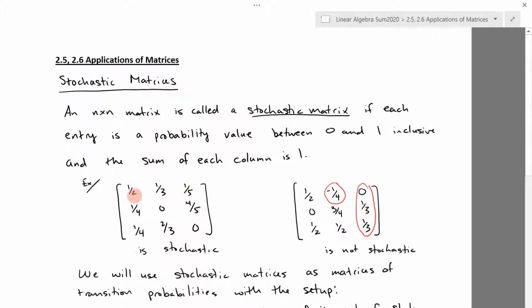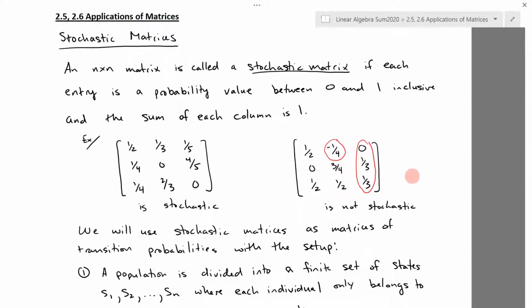Okay, so the first matrix here is stochastic, whereas the second matrix here is not stochastic because you can't have negative numbers as probability values, and in addition the sum of the entries in the last column is not equal to 1. Okay, so that's what you should look for when determining whether a matrix is stochastic or not.